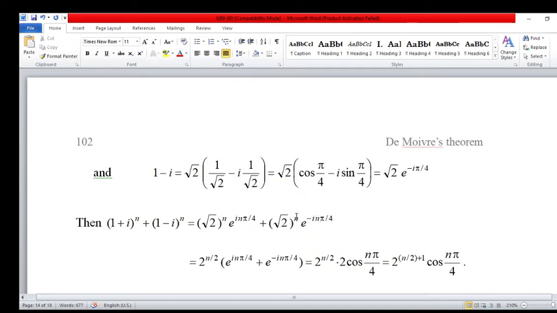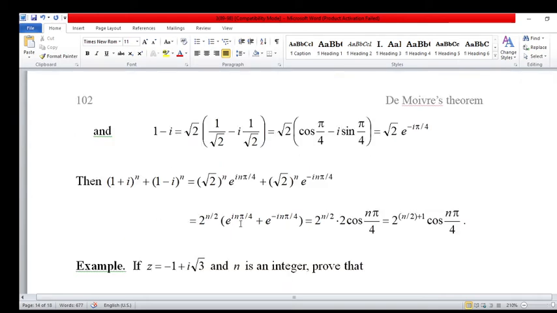Under root 2 to the power n means 2 to the power n/2. 2 raised to the power n/2 is common, and in the bracket this is e raised to the power i n pi/4 plus e raised to the power minus i n pi/4, and this is equal to twice cos n pi/4. Here the power of 2 is 1, now plus here, so we have the result 2 raised to the power (n/2 plus 1) cos n pi/4.